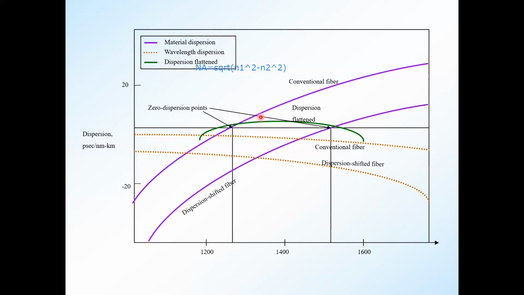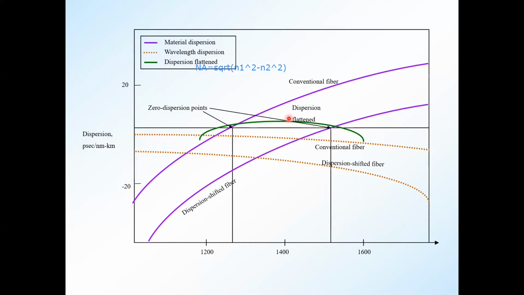This is a special type of fiber; as you see the green line, this is called a dispersion flattened fiber. That is, this full range from around 1330 or 1230 to around 1600 is at a minimum dispersion for this particular fiber, and therefore they are called dispersion flattened fiber.